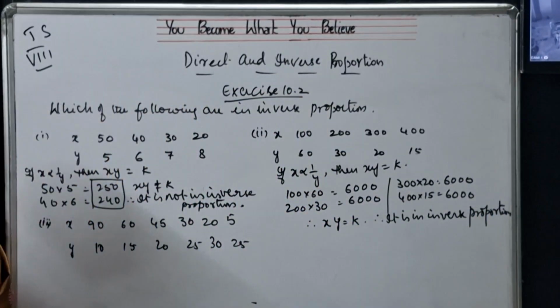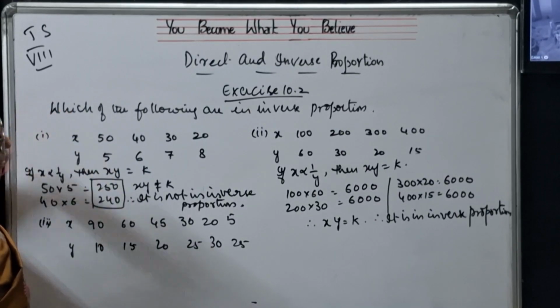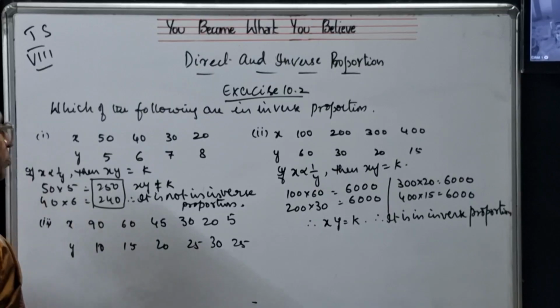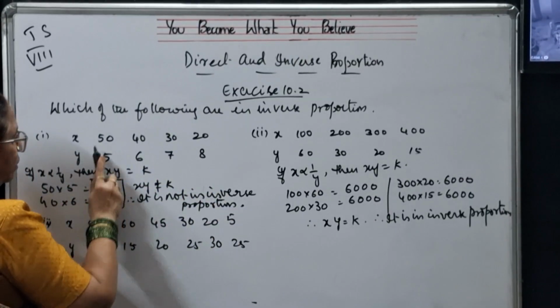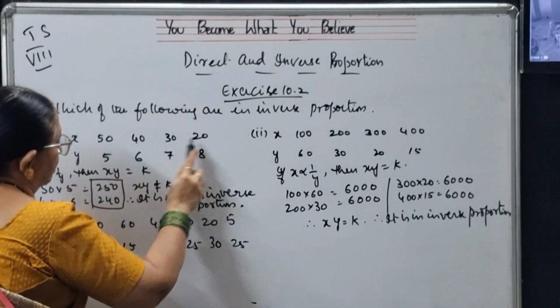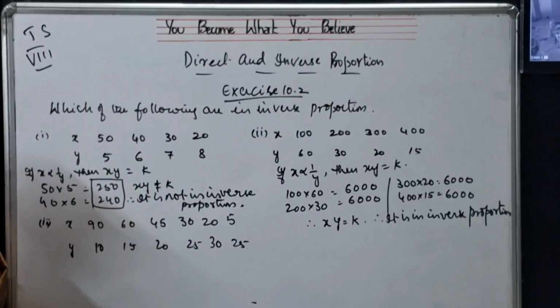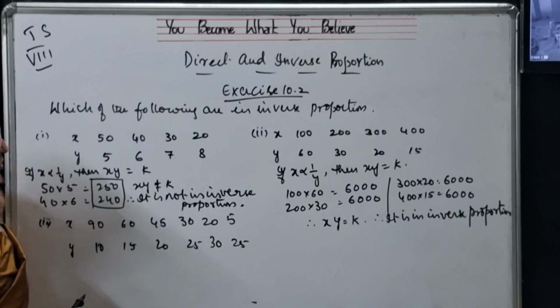So children, actually the definition says that if x value increases and y value decreases, they are in inverse proportion. Here we are getting x value decreasing, y value is increasing. So directly by seeing that we cannot say that they are in inverse ratio.